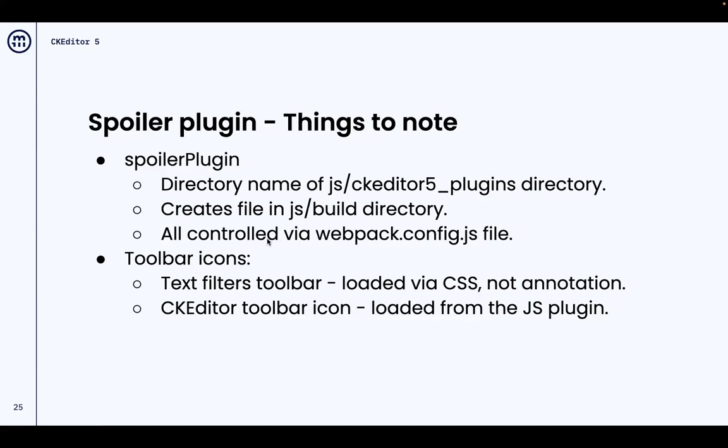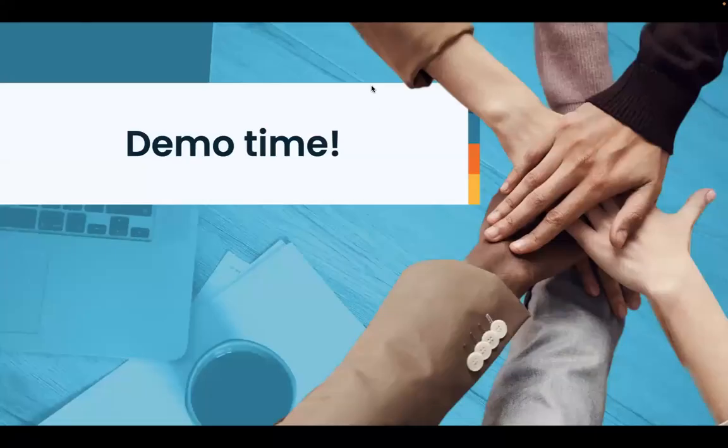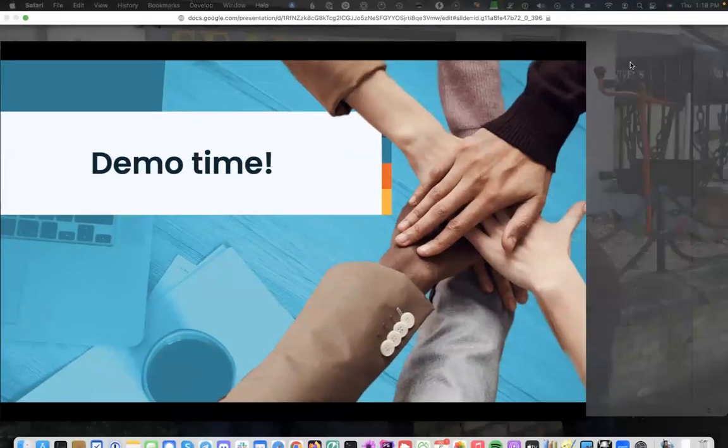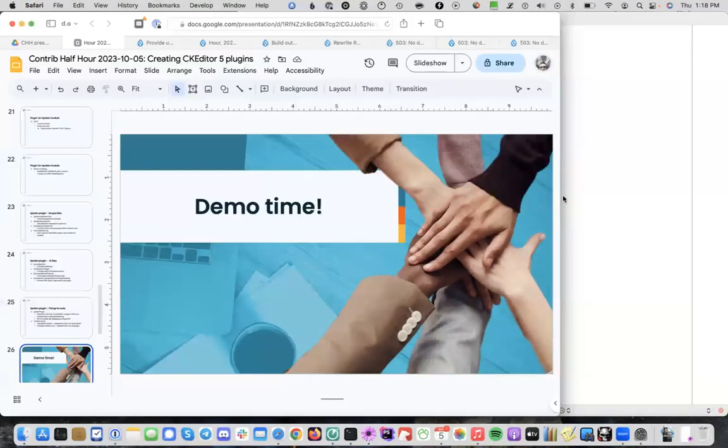And then it's also defined in one of the JavaScript files inside the CKEditor 5 plugins subdirectory. We'll get into that detail next time, but I will take a look at the text filter side of things. So let's dive in and see what we have so far.